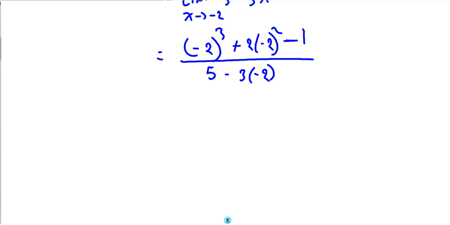This gives us negative 1 divided by 11, so it's negative 1 over 11.